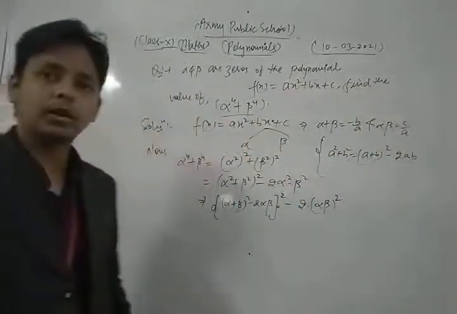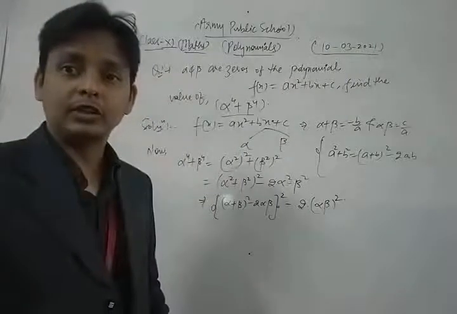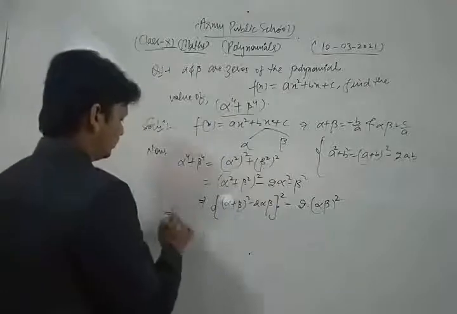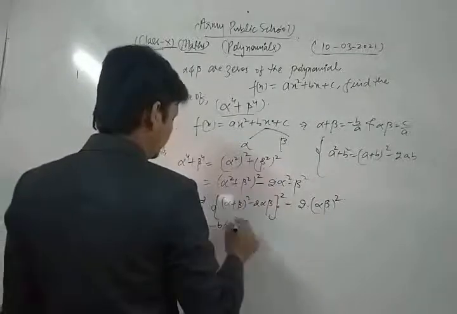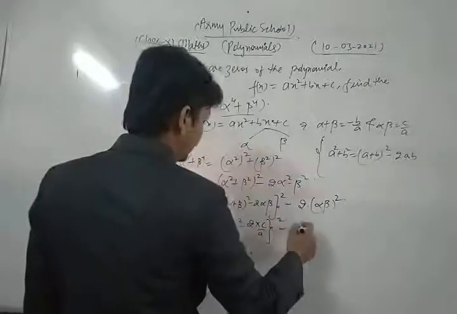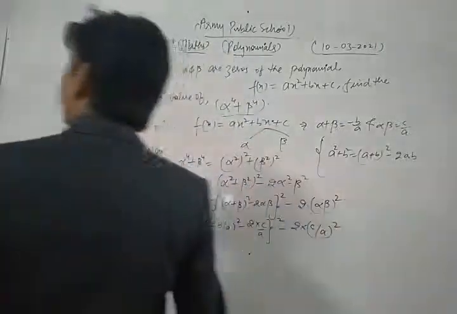Okay dear friends, now we put the values of alpha plus beta and alpha into beta by the help of the given equation. So the value of alpha plus beta is minus b by a whole square, and minus 2 into c by a, that whole square, minus 2 into c by a whole square.